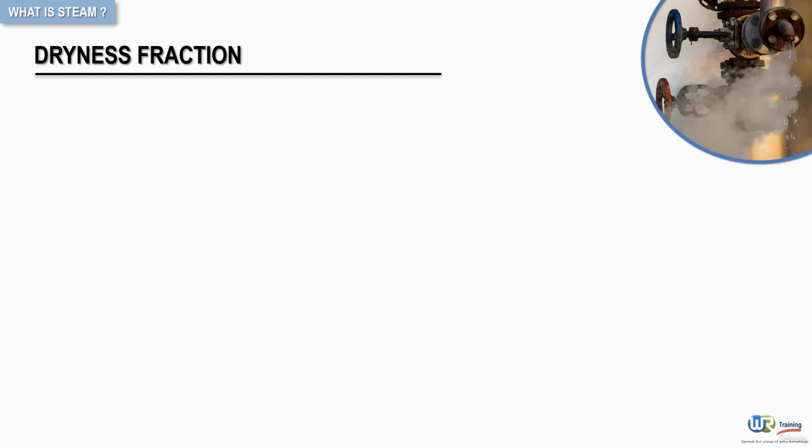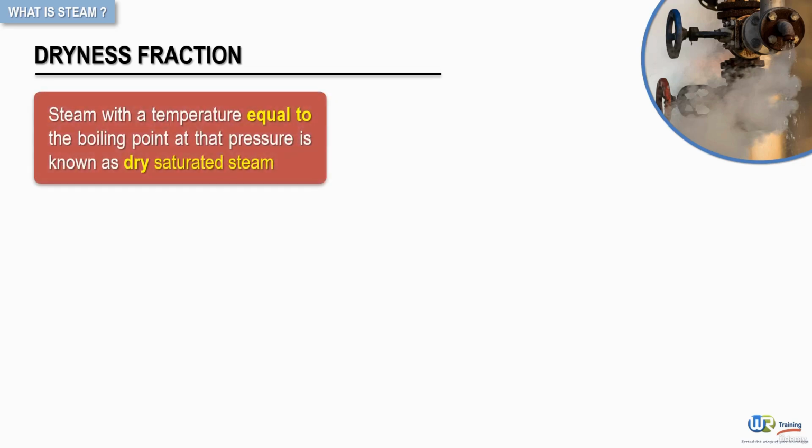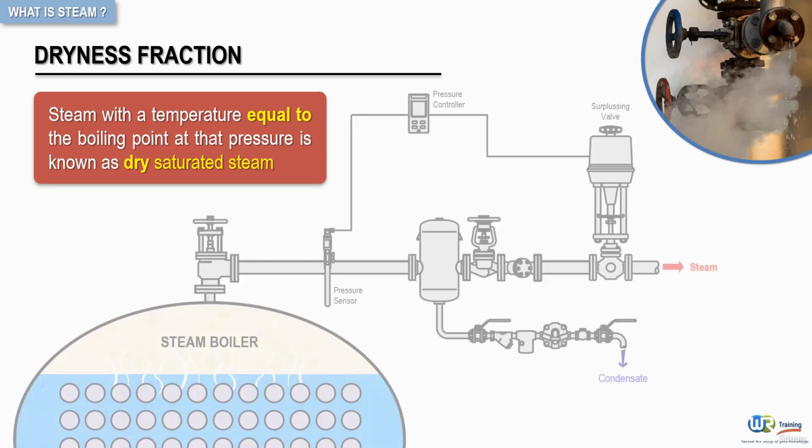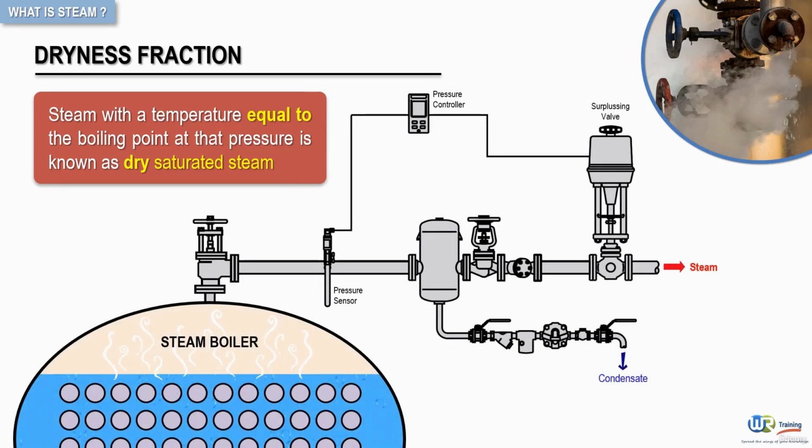Steam with a temperature equal to the boiling point at that pressure is known as dry saturated steam. However, to produce 100% dry steam in an industrial boiler is rarely possible, and the steam will usually contain droplets of water.